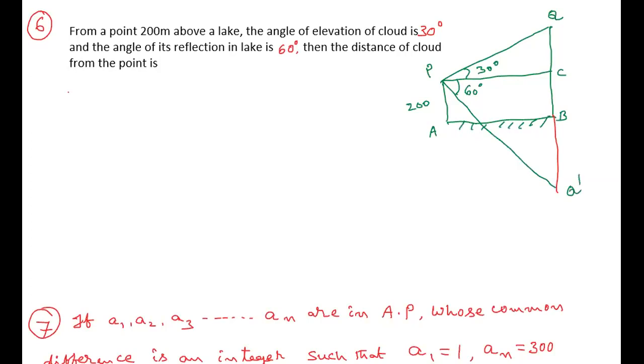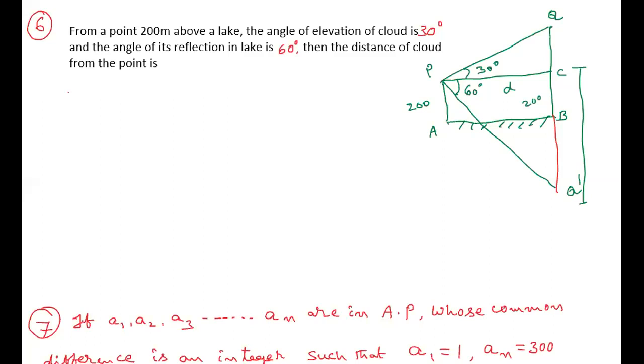So here observe that PC length we take as D. Now this is X, this is X. Now here to here, how much do we get? So this length is 200 meters. Now this length we can take X plus.